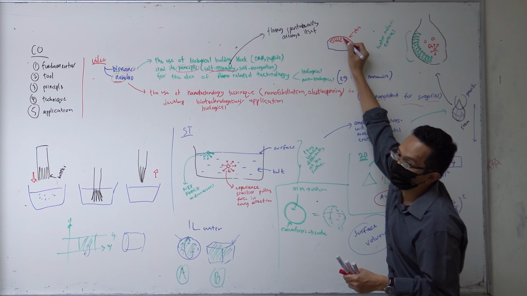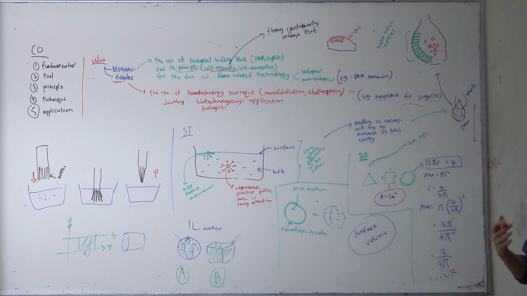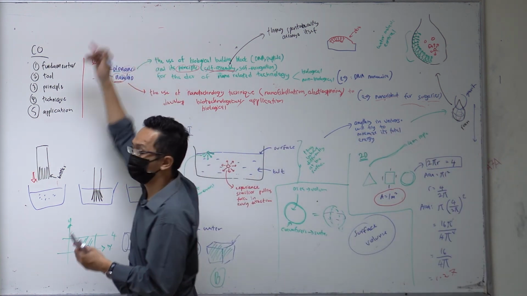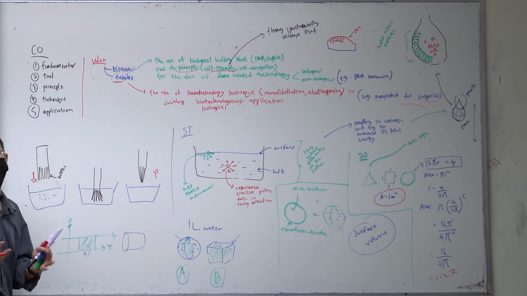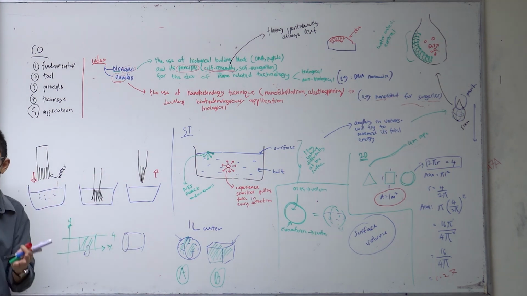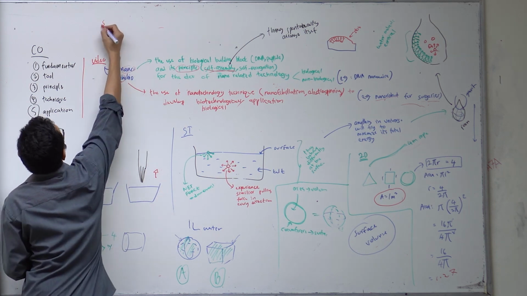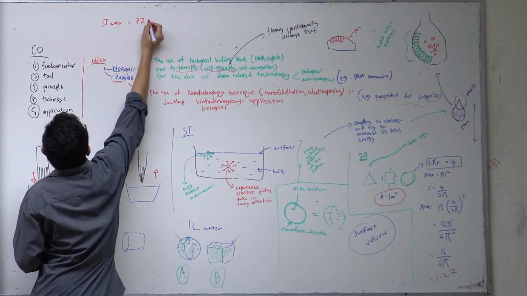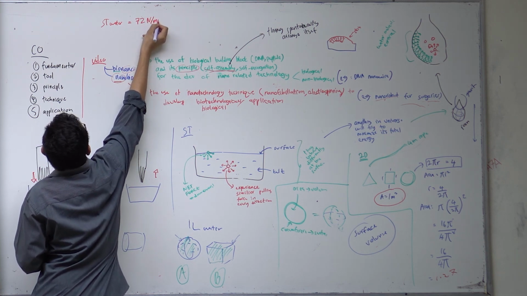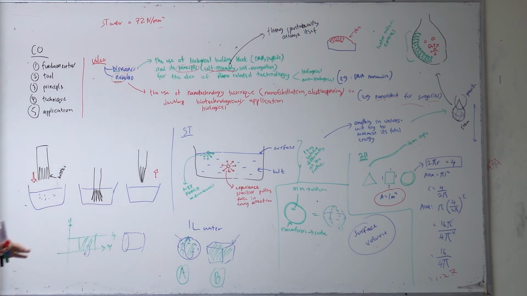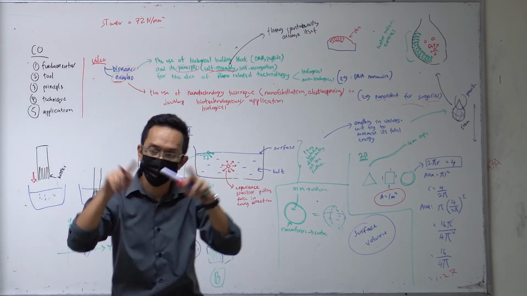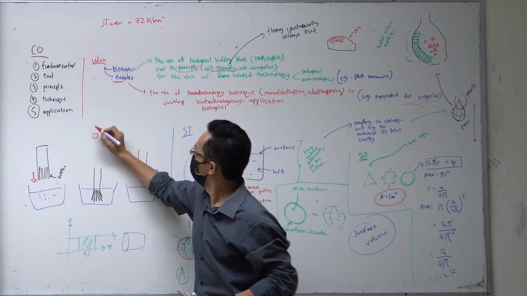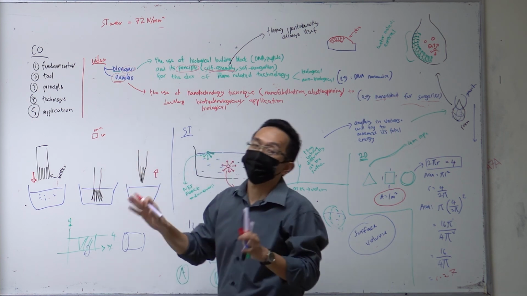Water is a liquid that has the highest surface tension. You can calculate how much pull, how much force, because tension is a force, right? The surface tension of water is around 72 Newton per millimeter squared, something like that. So it needs a force of more than that to break the water surface.